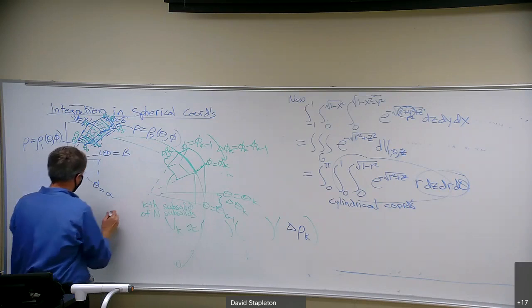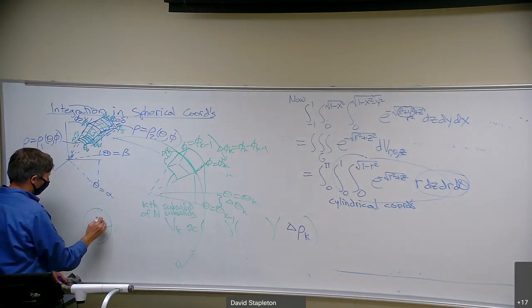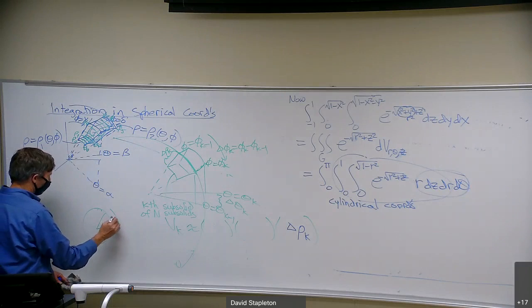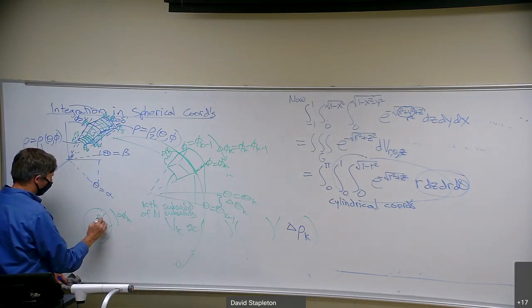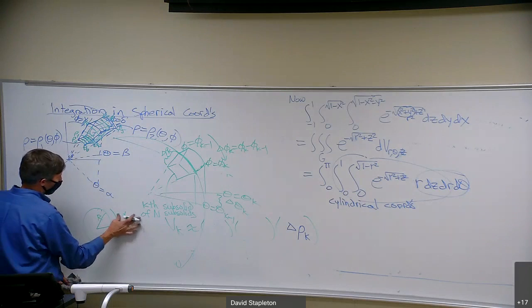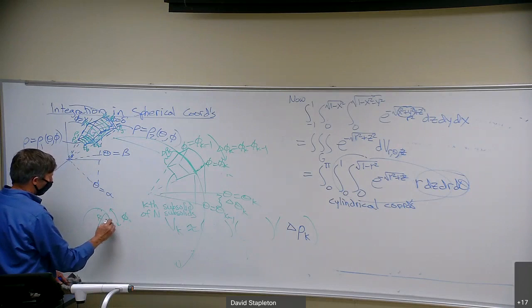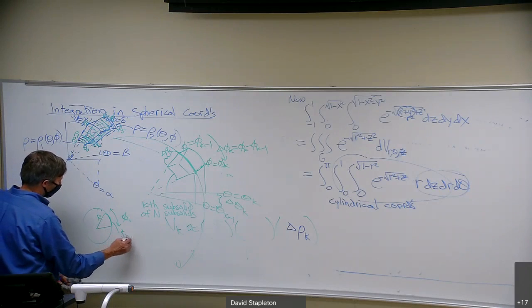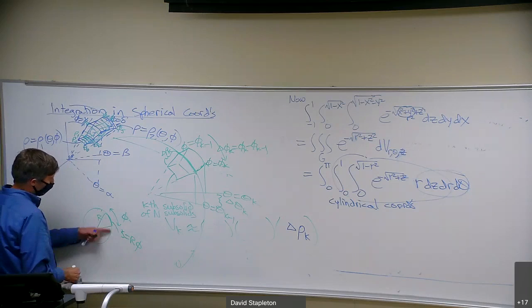Remember the arc length along a circle, if you take a circle and you increment with an angle delta phi k and radius r, let's just call it phi. The arc length S here is r times phi, from geometry.